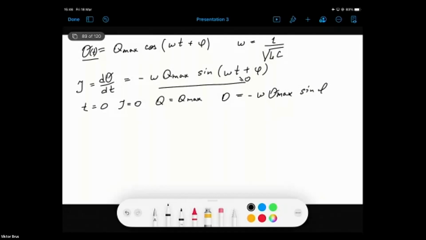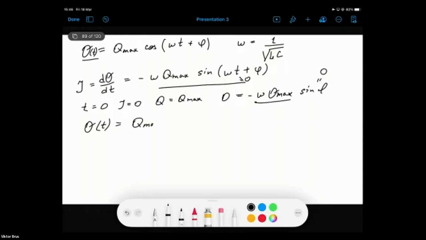And since these two are not equal to 0, sinus phi should be equal to 0, so we can consider phi also equal to 0. So eventually we can write for electric current as a function of time.